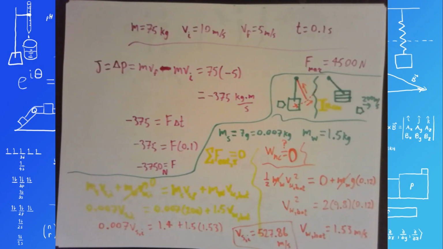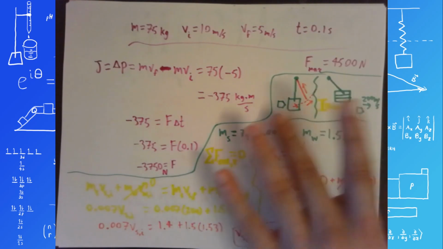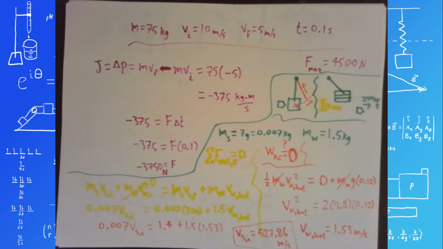I don't think they would do that to you, because then you wouldn't be able to consider the bullet and block as a single object during the time that they're rising, because their kinetic energies are going to be separate. The bullet wouldn't be moving at the same speed as the block if it was still in the block while the block was rising. So I do think that the assumption we went with here is actually what the author of the problem intended.